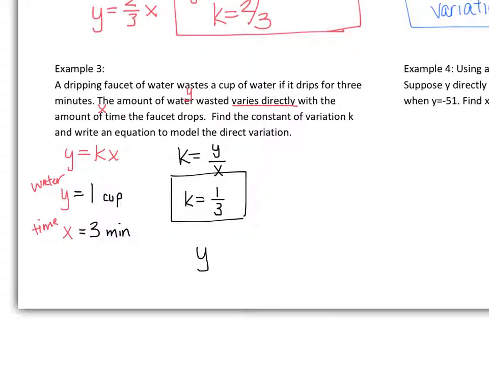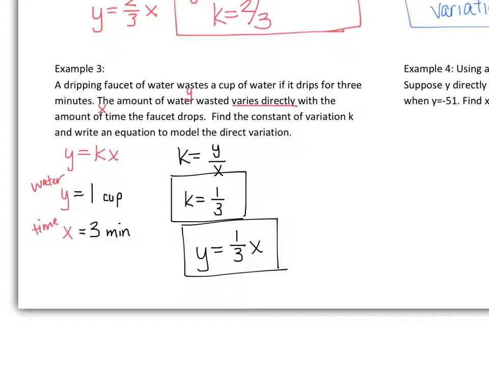Just y equals, instead of k, write 1 over 3, x, and then you're done. Now remember, direct variation, there's no plus whatever hanging off the end. All of your equations are going to end with x. Just think about that.